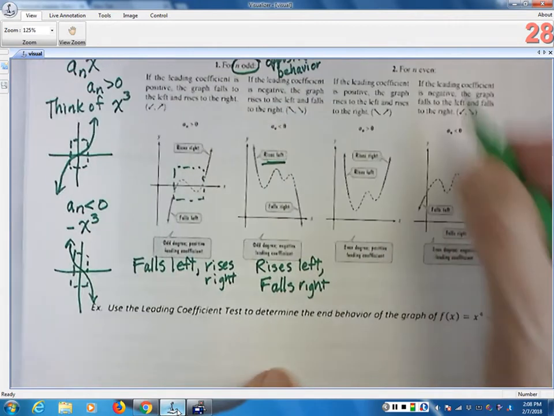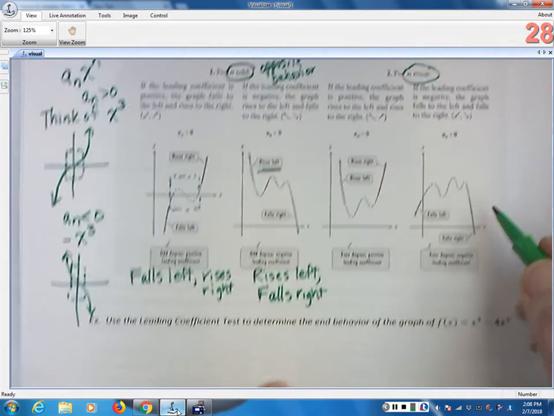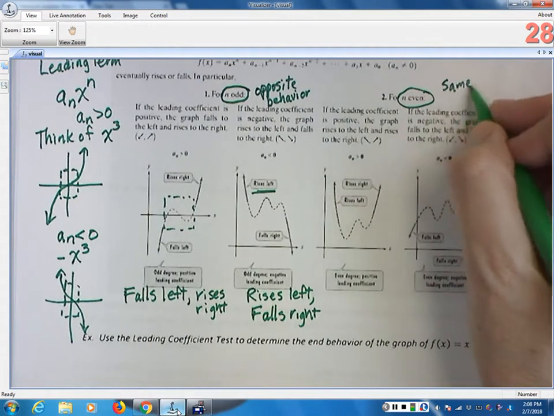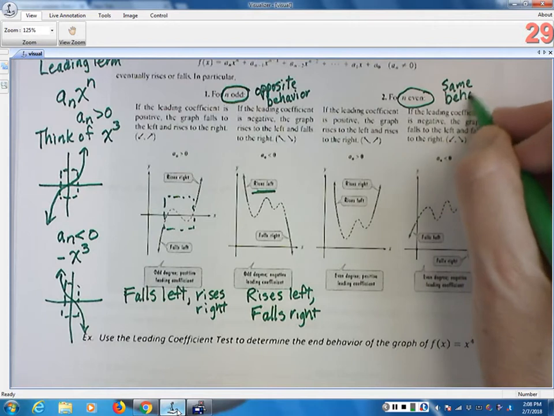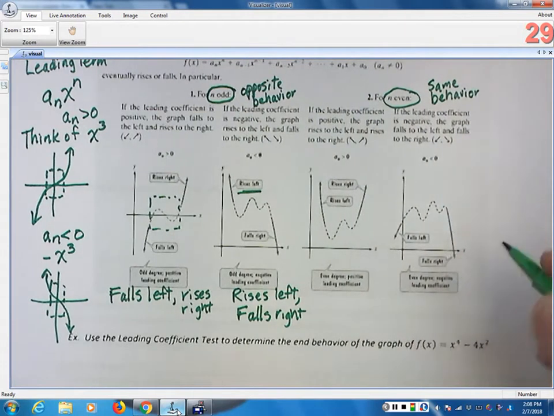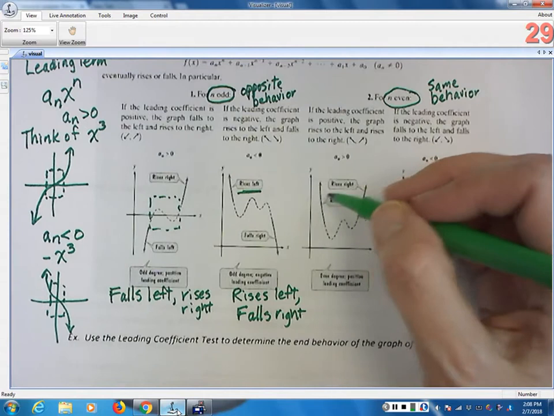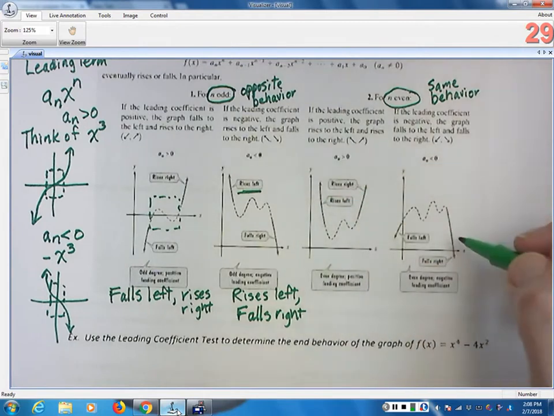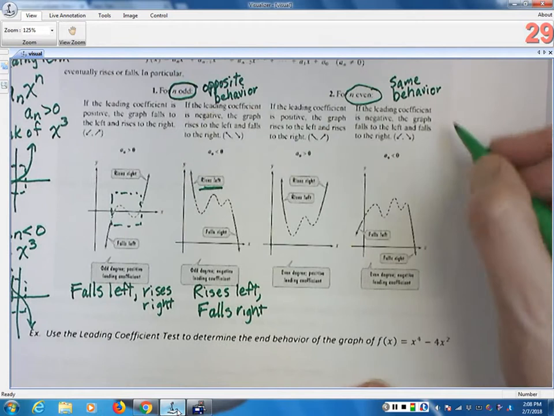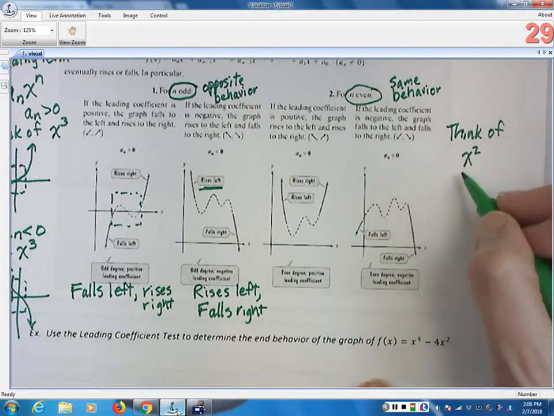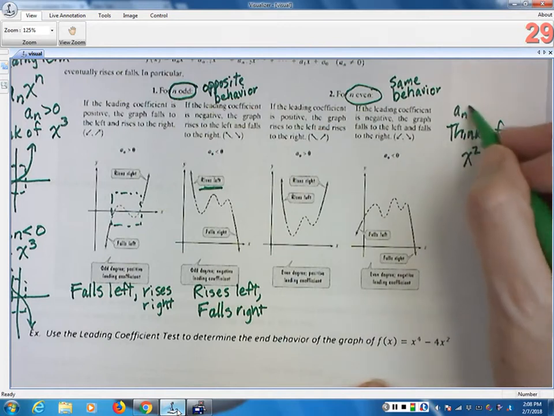And for n even, though, it's going to have the same behavior on the ends. It's either going to rise left, rise right, or fall left, fall right. And we think of x squared. That's for a sub n greater than 0.